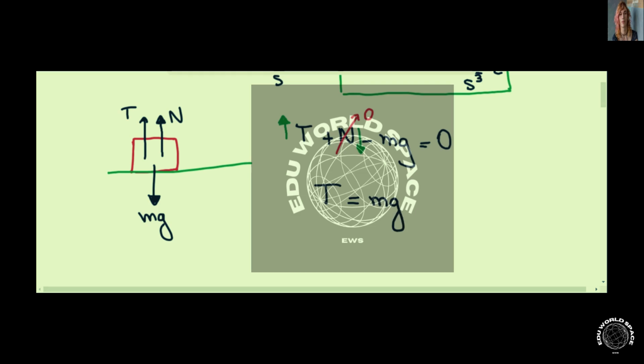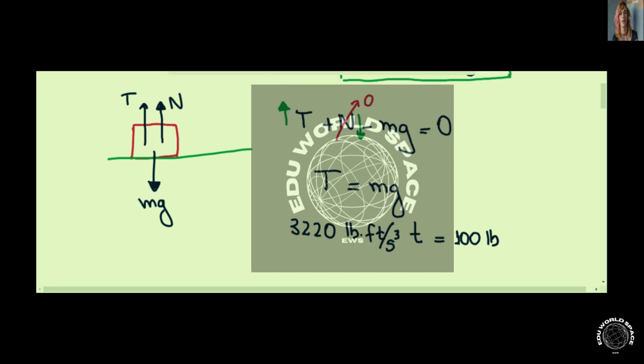Now notice that the tension on the string is equal to the force that the motor exerts on the string. So the tension is 3,220 pounds feet per second cubed times t, and this is equal to the mass, which is actually 200 pounds, I'm sorry. That's the mass of the block. So let me just write it here.